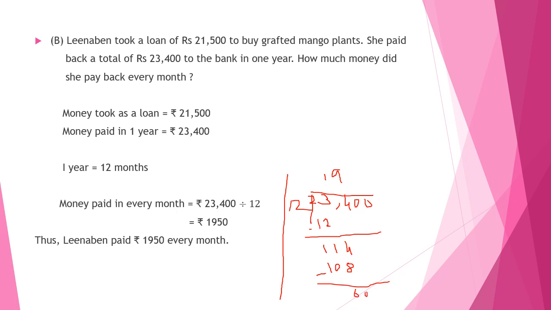Now 0 comes down. Now 12 fives are 60. Again subtract, so that is 0. Now this 0 goes. So what is the answer? 1950. So how much amount Leena Ben paid? Leena Ben paid rupees 1950 every month. It's clear?